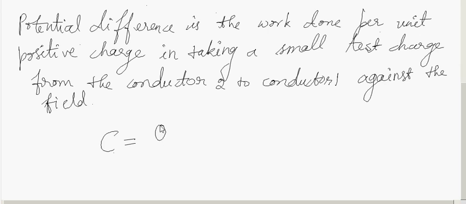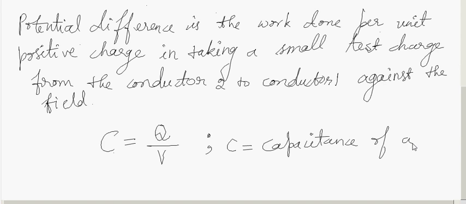Now what is the SI unit of capacitance? The SI unit of capacitance is farad, F. It is Q by V. So 1 farad is equal to 1 coulomb per volt.